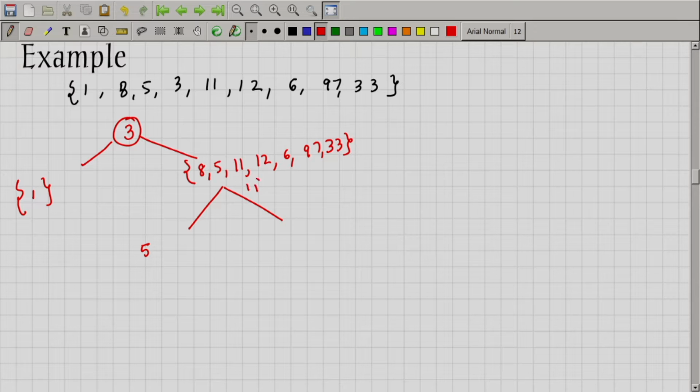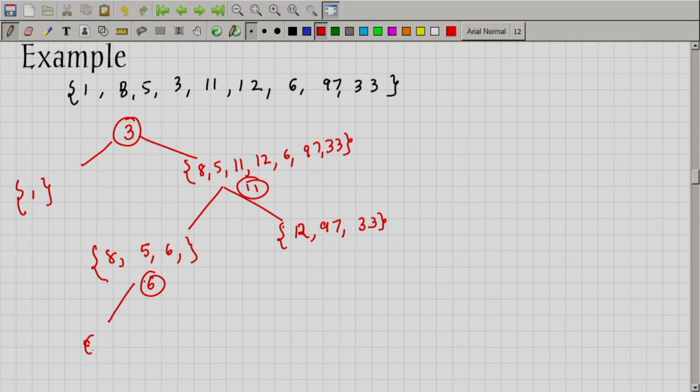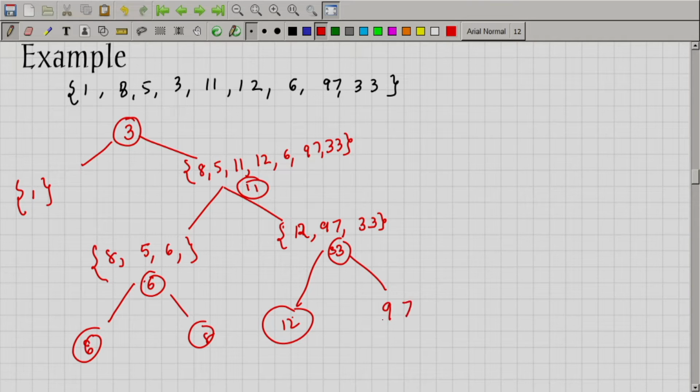So, if we chose 11, on the left side would be 5, 8, 6, and on the right side will be 12, 97 and 33. And let us say here we had picked 6, this gets split into 5 and 8, and here if we had picked 33, this gets split into 12 and 97.